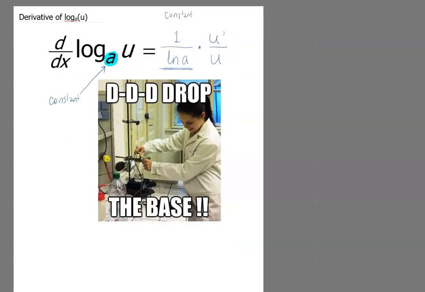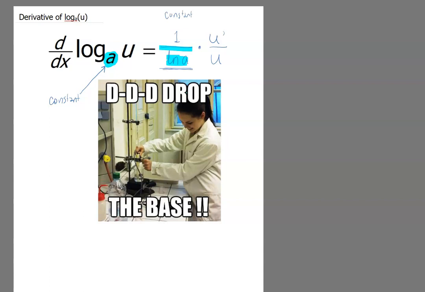If my base is something weird here, then essentially we're dividing by natural log of a. And it's because they're inverse functions. Those are closely related. If you happen to remember the change of base formula, that explains where this comes from.